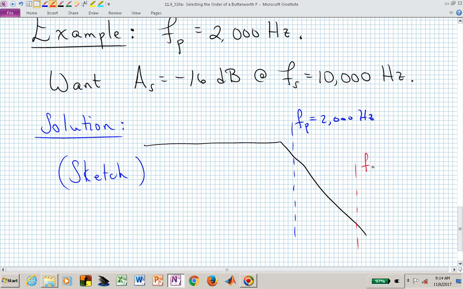Here is f sub s at 10,000 hertz, and when we get to this frequency, we want our magnitude to actually be minus 16 dB. That's where we want to be in magnitude when we reach f sub s equal to 10,000 hertz.